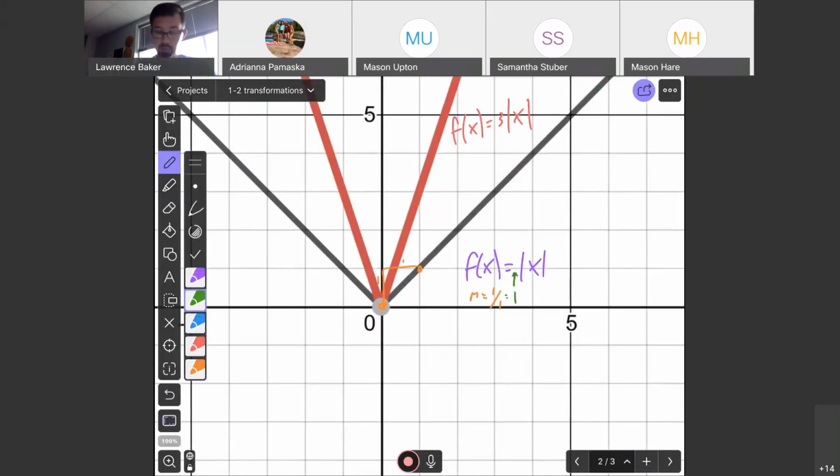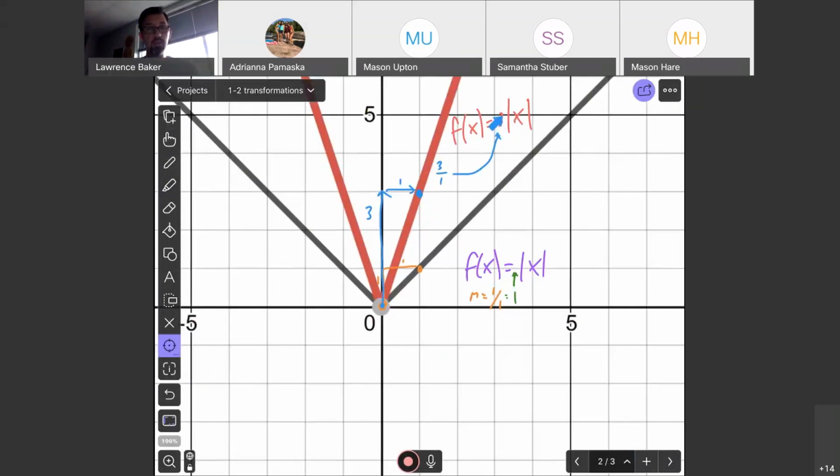If I look at the slope of my new graph, from here to a corresponding point, I'd have to rise 3 and then run 1. So the slope would be 3 over 1, and where's that? It's right there. For an absolute value graph, you can think of this number in the front as describing how the slope is going to look for that graph.